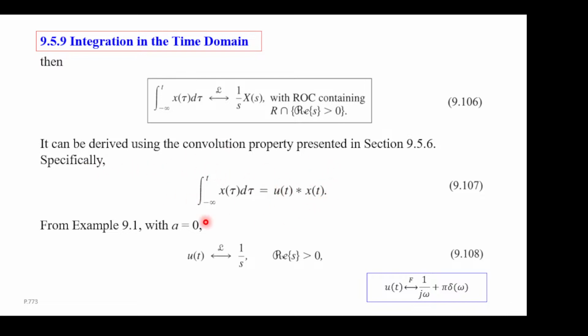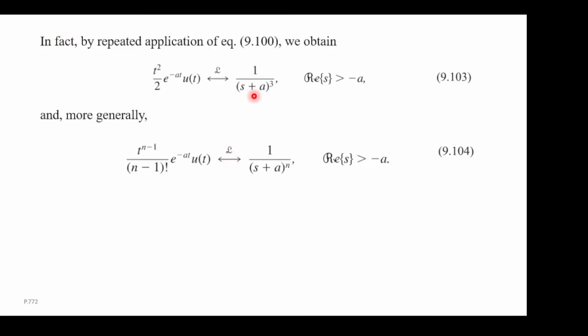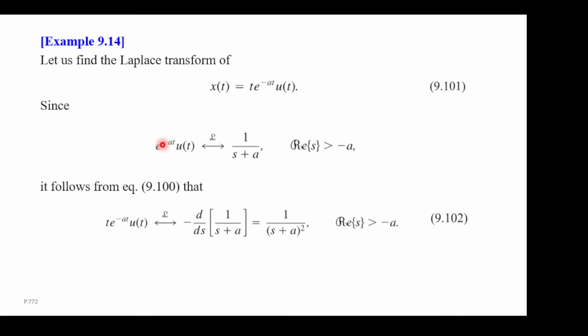Anyway, we have this convolution expression for this integral, and if you take the Laplace transform of the convolution, it should be the multiplication of the Laplace transforms of each of them. The Laplace transform of u of t, we didn't explicitly say, but we've already seen it because it's the exponential decay thing with a equal to 0.